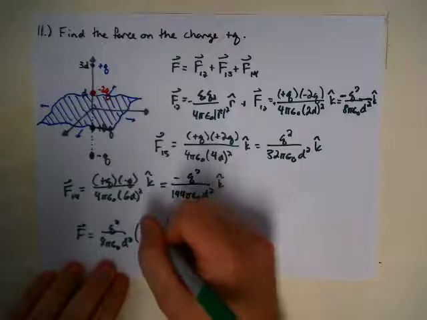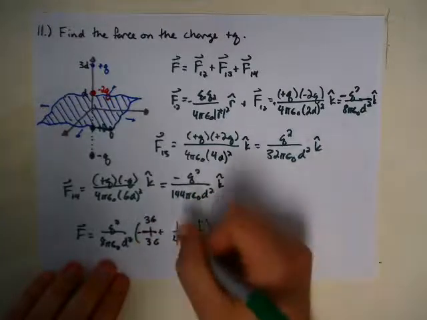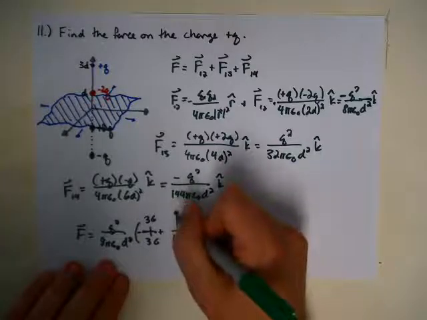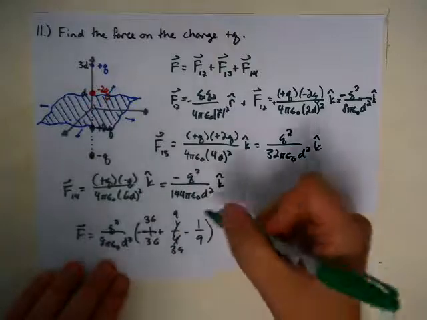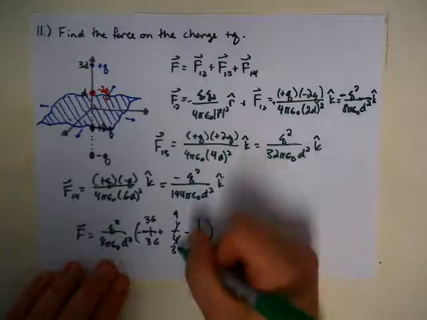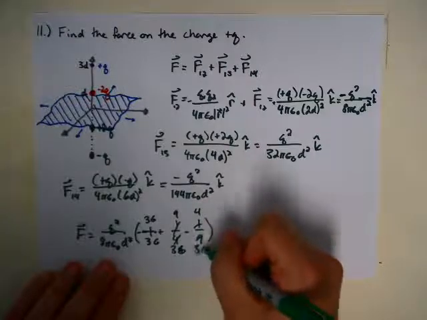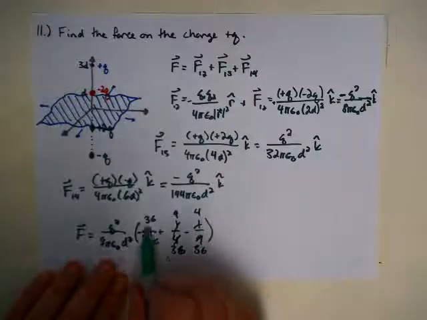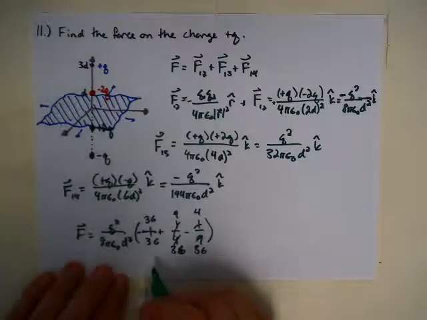So this is going to be 36 over 36, minus 9 over 36, and this is 4 over 36. So minus 36 plus 9 minus 4.